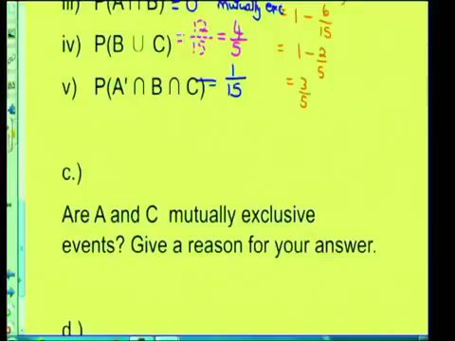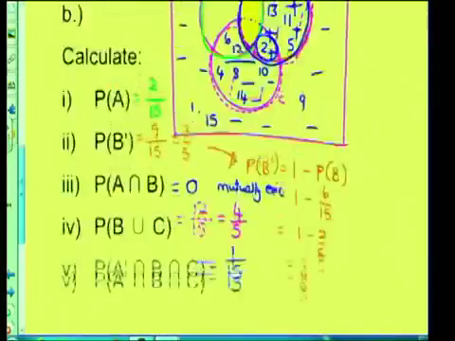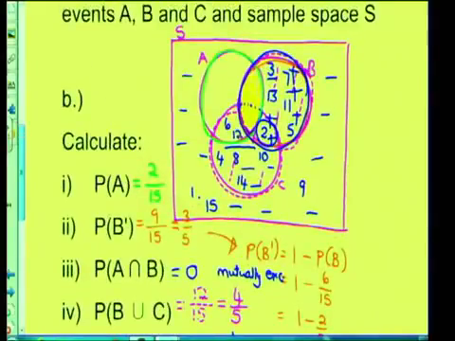Right, and here comes the million-dollar question. They say, are A and C mutually exclusive events? Give a reason for your answer. Now, we know they're mutually exclusive if the probability of A intersection C is 0, so let's go and look. What is A intersection C? Well, A intersection C is not 0.